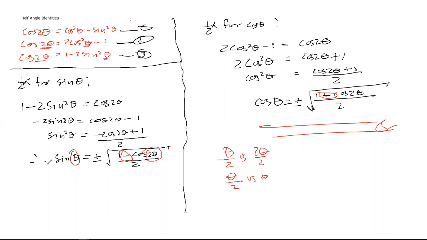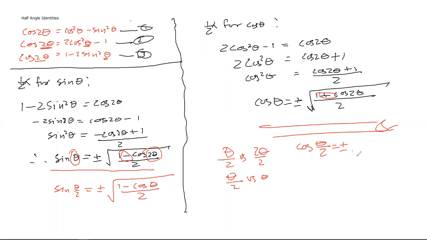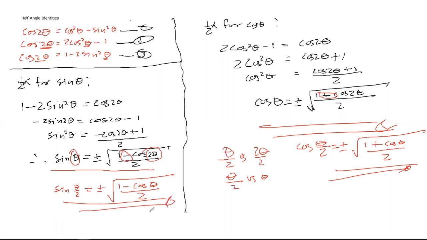So you can see now, I can simplify this and write it as sine theta over 2 is equal to plus or minus the square root of 1 minus cos theta over 2. Likewise, I can do the same thing here. Cos theta over 2 is plus or minus the square root of 1 plus cos theta over 2. And that's where these formulae come from.